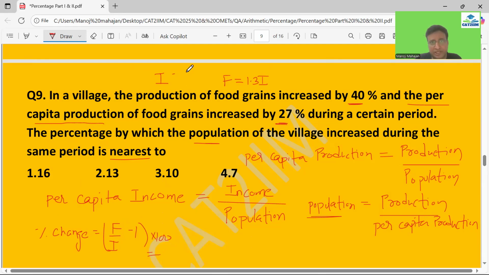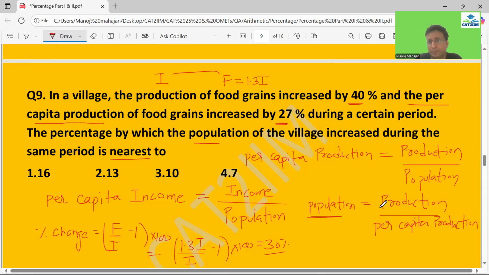What is the percentage change here? The multiplying factor is important. So 1.3, I'm writing in decimal, as the multiplying factor minus 1 into 100. If I do that, it is 30%. I just took this example to cover the concept of multiplying factor again, because that's what we're going to use over here.